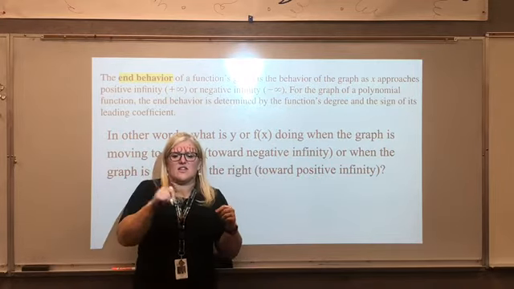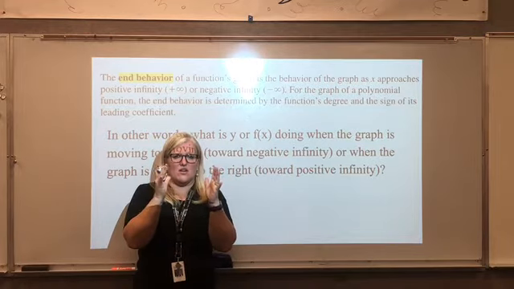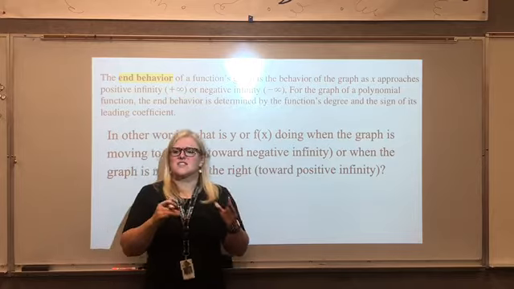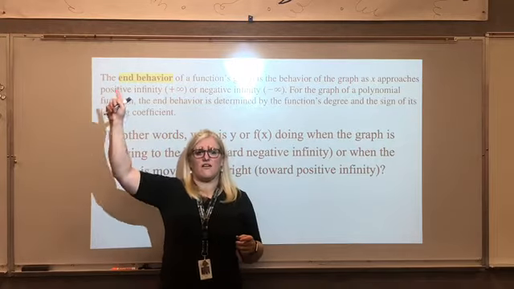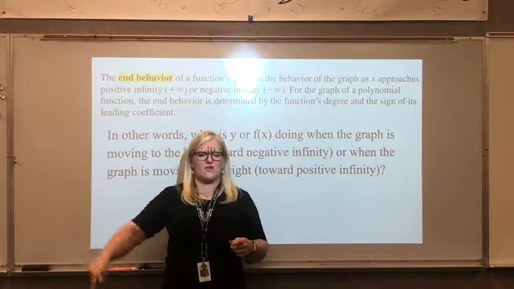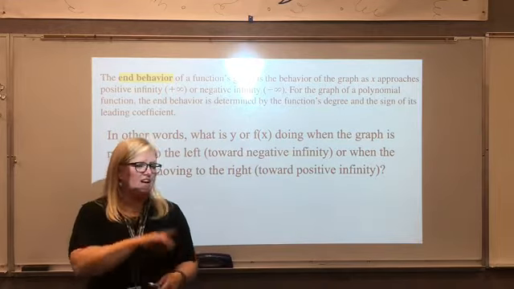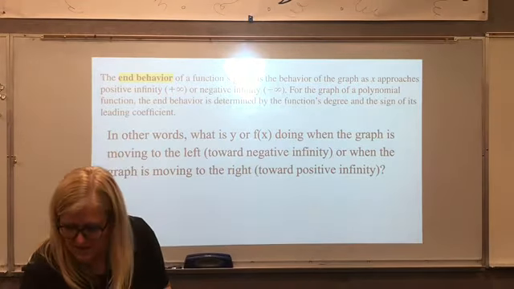And then there's all that little squirrely stuff in the middle that we're really not concerned about, because polynomials, sometime or another, it's going to take off, up or down, and that's what we're talking about. The very, very ends of these.